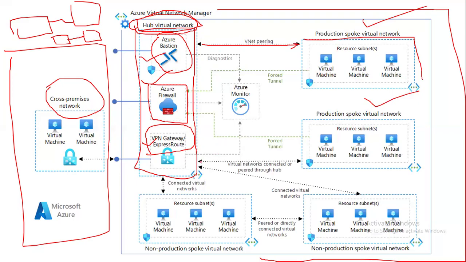And VNet peering is compulsory if you want to build the cloud network. If VNet 1 has multiple subnets and VNet 2 has multiple subnets, and you enable peering, they can communicate with each other. You can even allow the remote gateway as well to communicate.